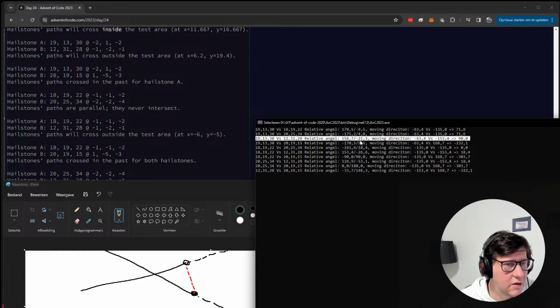Let's see. What was I checking? 1930 versus 1231. It will cross outside the area. So the angle is exactly 90 degrees. But the difference is exactly 90 degrees.